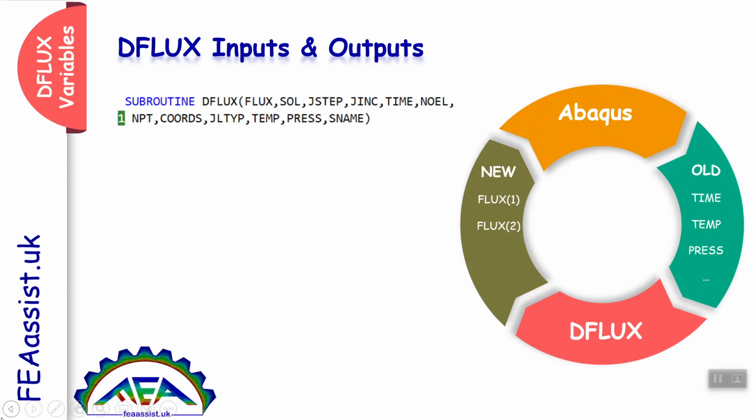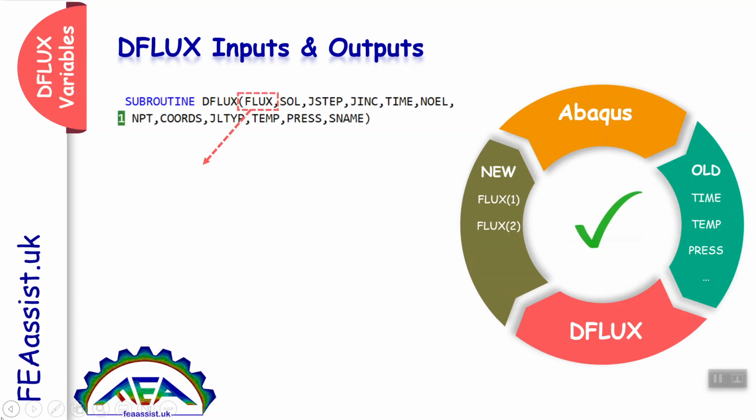Again, Abaqus gets flux 1 and flux 2 and computes the new variables: time, temperature, pressure, and others. So this is how Abaqus and deflux interact with each other. We need to understand this interaction well to write good deflux subroutines.